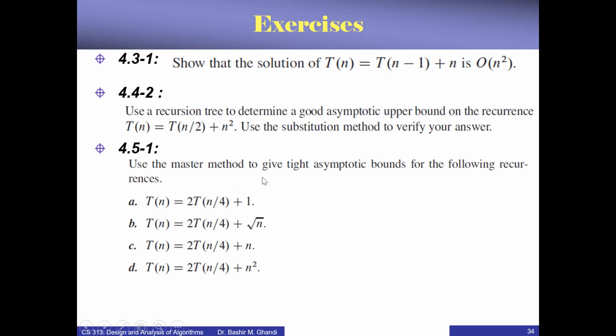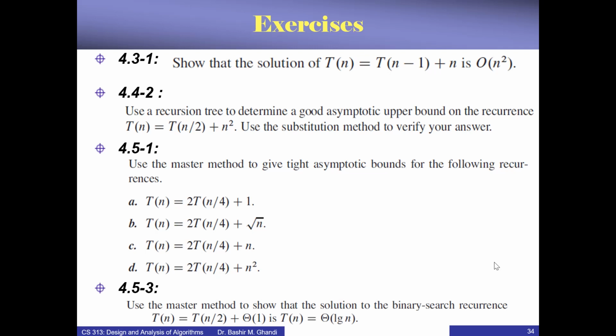So use the master theorem to give a tight asymptotic bound for each of the following: T(n) equal to 2 T(n over 4) plus 1, T(n) equal to 2 T(n over 4) plus root n, T(n) equal to 2 T(n over 4) plus n, and finally T(n) equal to 2 T(n over 4) plus n square.